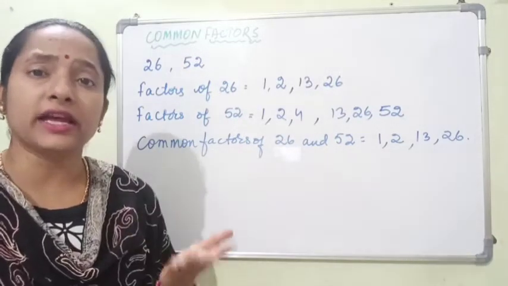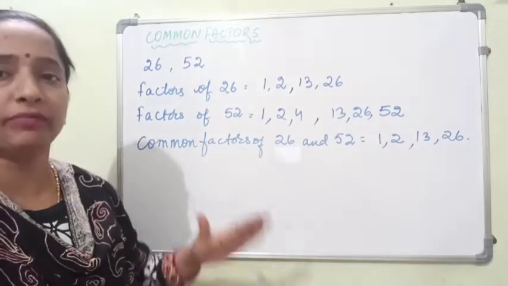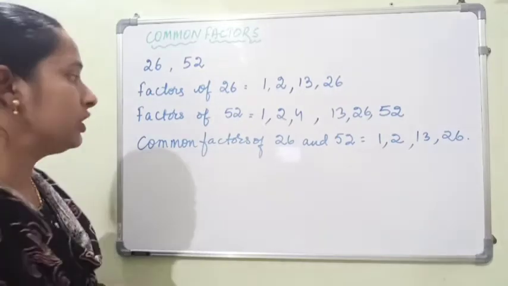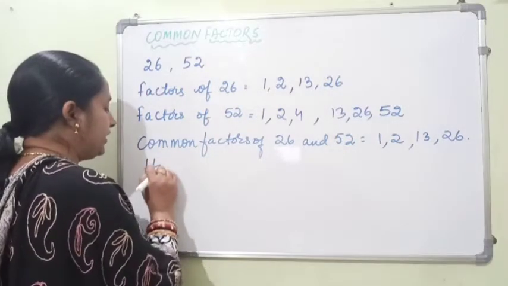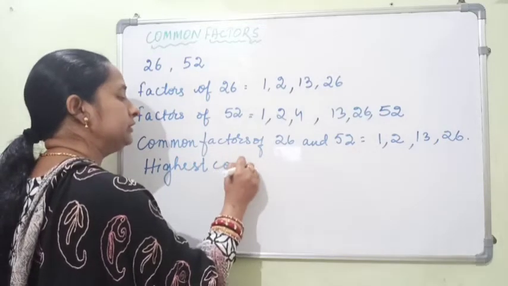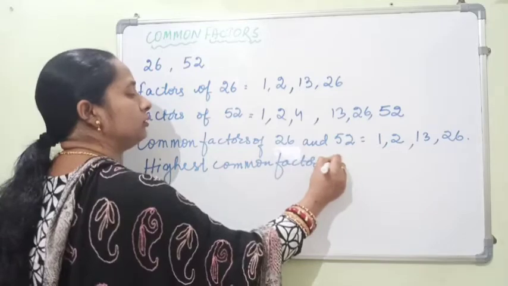Now, the next concept that is extended from the concept of common factor is the highest common factor. If you are asked to find the highest common factor, then what will you do?